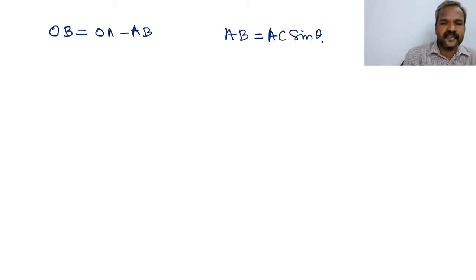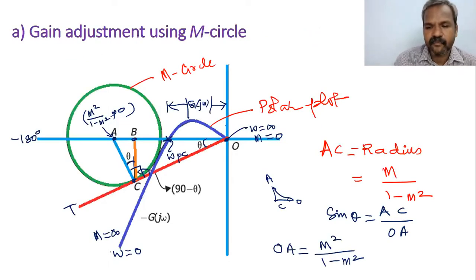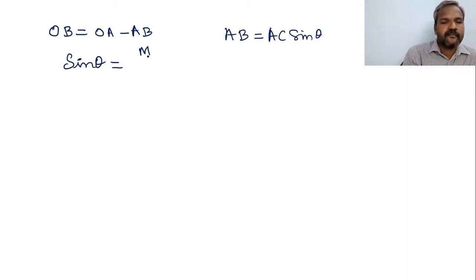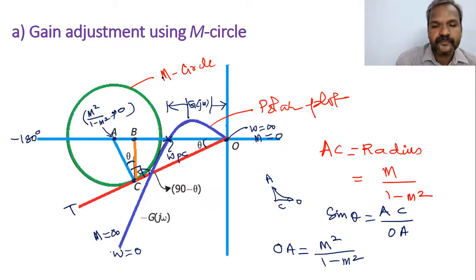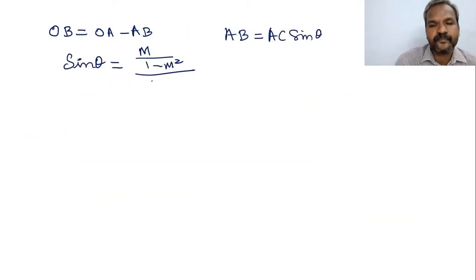So first we calculate sine theta, then we proceed. Sine theta equals AC by OA. AC is m by 1 minus m square, divided by OA, which is m square divided by 1 minus m square.